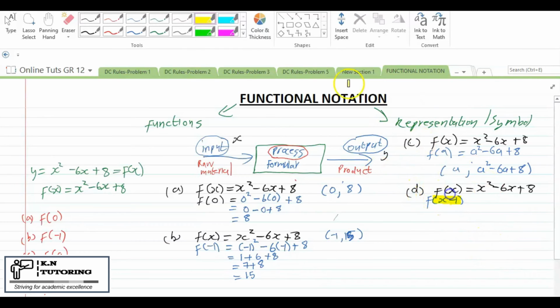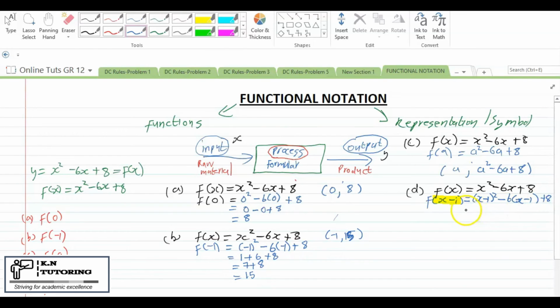These two are attached, you can't separate them. So what does this mean? It means that I do the same thing, it's just a matter of checking what I need to substitute. In this case, my x is not negative 1, but it is x minus 1 squared minus 6 into x minus 1 plus 8.